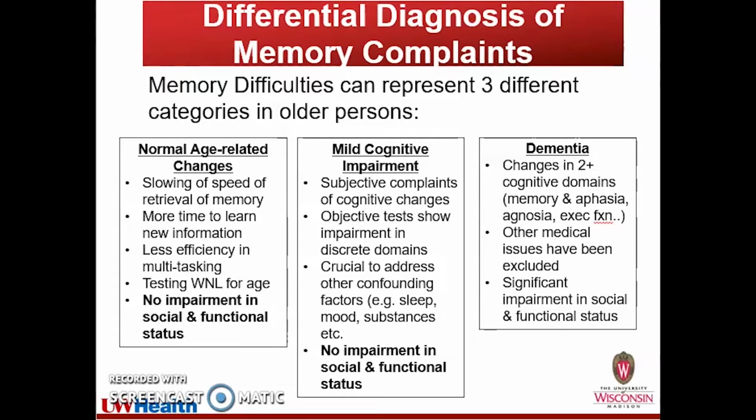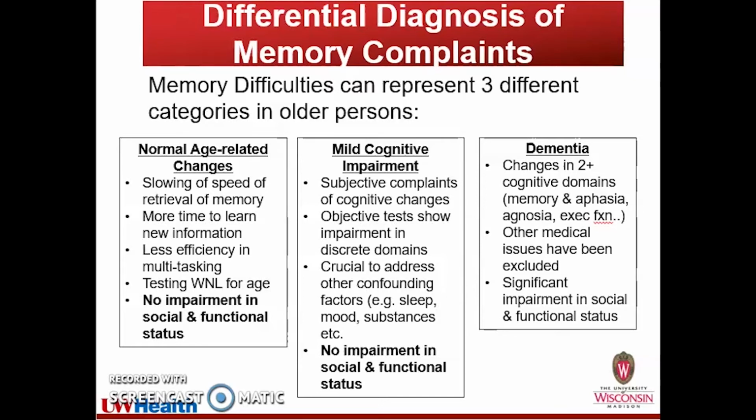All these things change as we age. However, when you do objective testing with an individual with age-related change, then you don't typically find that they fall outside the norms. And the most important thing is in this group, they do not have evidence for interference with their day-to-day life, that is their functional status, or social interactions.